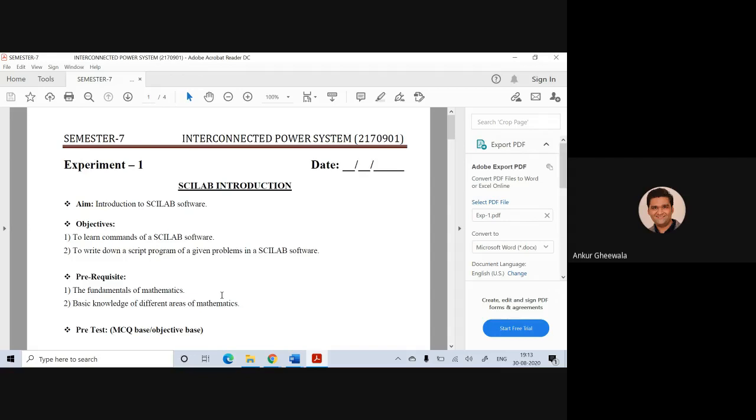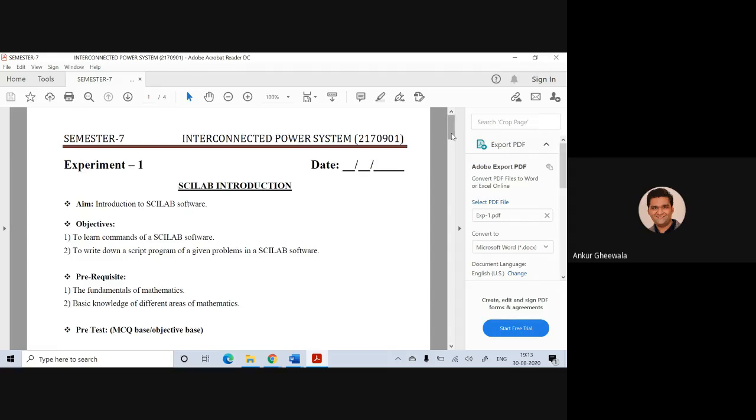Then different types of matrix operations we will also learn, and mathematical simplification like trigonometric functions, logarithmic functions, and simple arithmetic functions, how they can be simplified or solved with the help of Scilab commands.